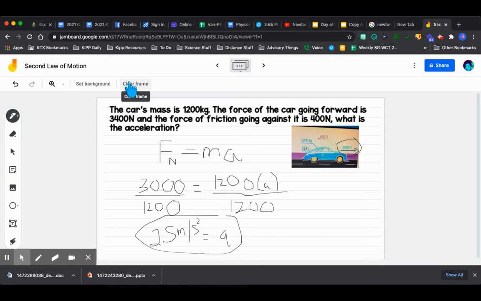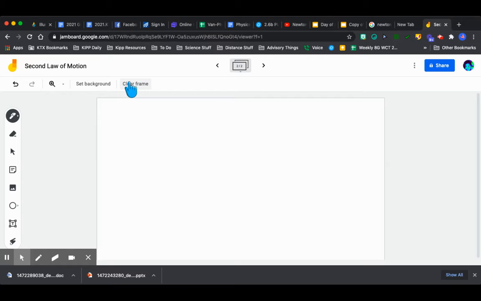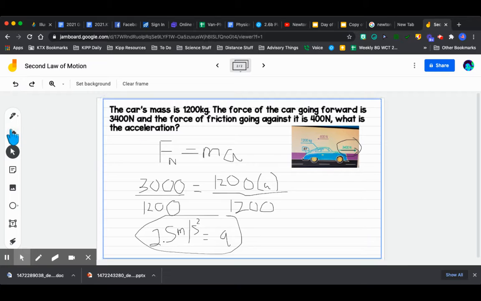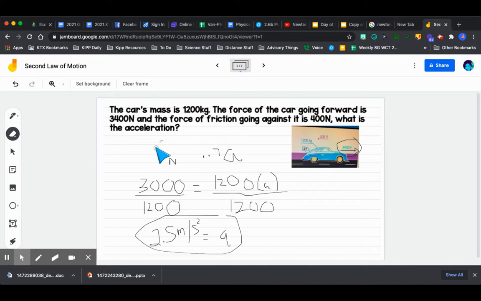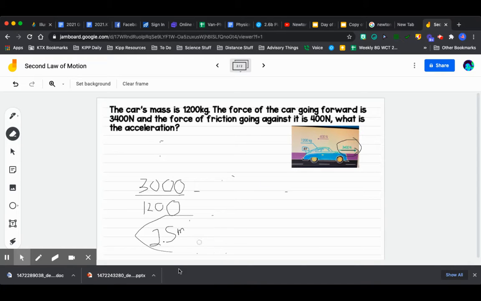Now the other way to do it is to use our force triangle, if you're not confident in your algebra skills.